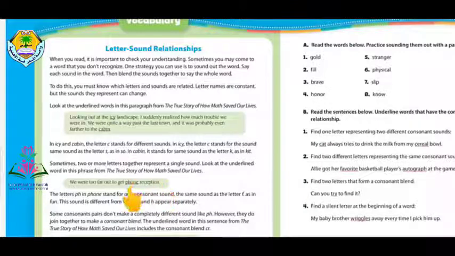Guys, here we have P and H. P is pronounced as P and H is pronounced as H. But when they come together, when we form a blending, they get a third sound, F sound. Phone, elephant, telegraph, photography. The letters P and H in phone stand for one consonant sound, the same sound as the letter F, as in fun. The sound is different from when P and H appear separately.